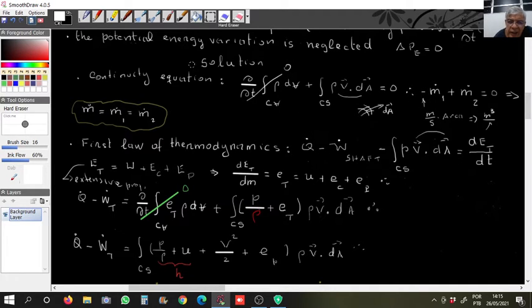The unit of this term here is power, and this is power. Now, the first law says that the left-hand side must be the time derivative of E total, the total energy. The total energy for the open system is internal energy, kinetic energy, 1/2 m v squared, and potential energy. These are extensive properties, they depend on the mass.